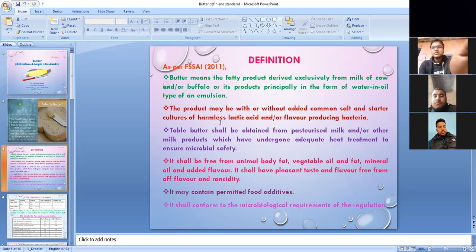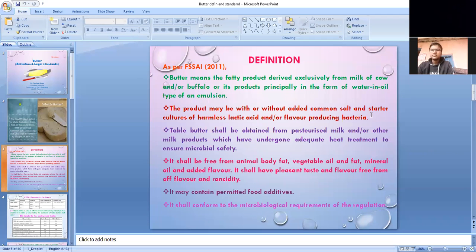The product may be with or without added common salt and starter culture of harmless lactic acid bacteria or flavor-producing bacteria. So here you can observe that butter may or may not contain common salt or starter culture. There are many cultures advocated for use in butter.